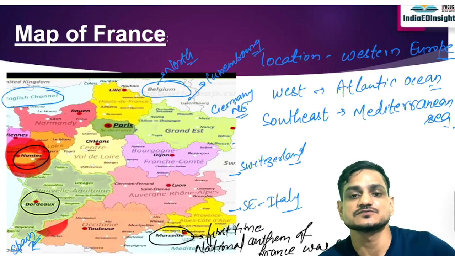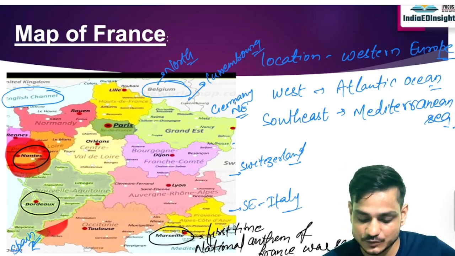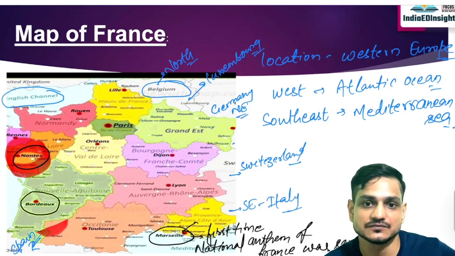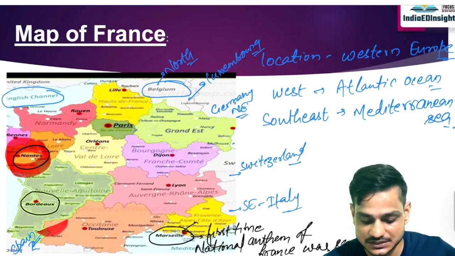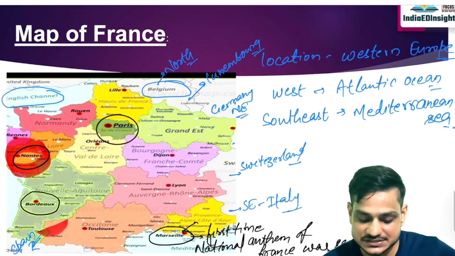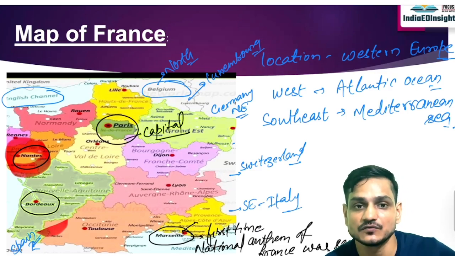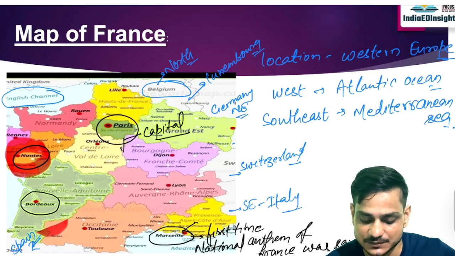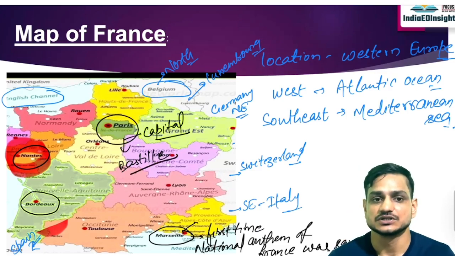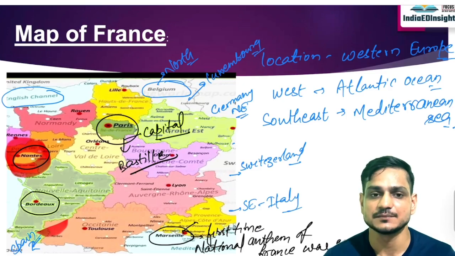So this is also important. The most important place in France is Paris. Paris is the capital city of France, and the Bastille prison lies here in Paris itself. So there are four important places we have to remember from the examination point of view.